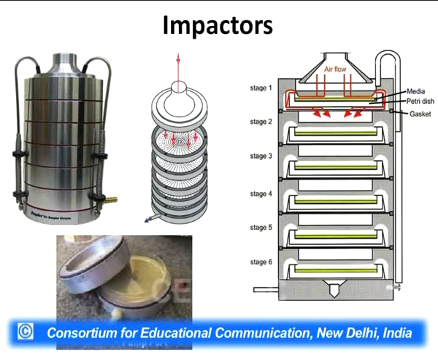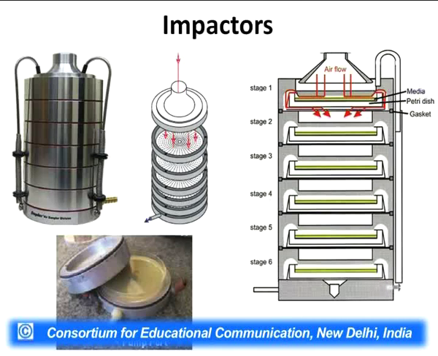That effect is repeated continuously 6 times. In the first stage, when the air stream comes and strikes the agar plate, the same cascade effect takes place and the particles are deposited onto that agar plate.